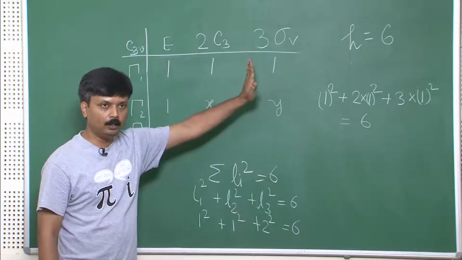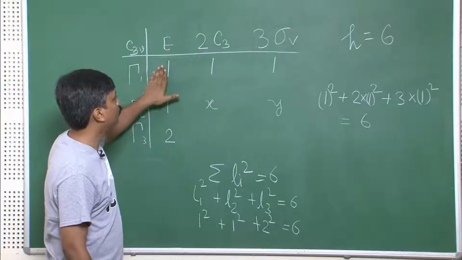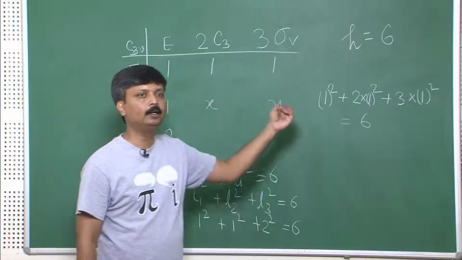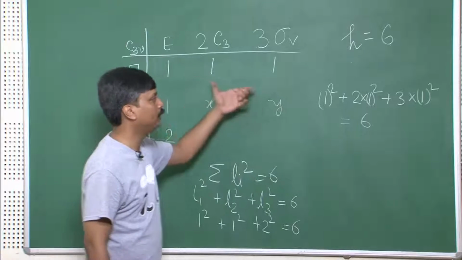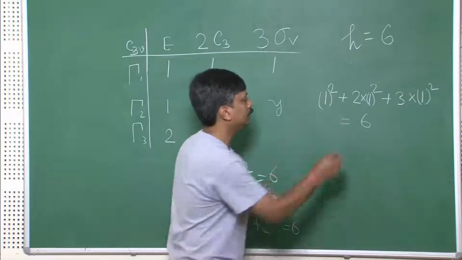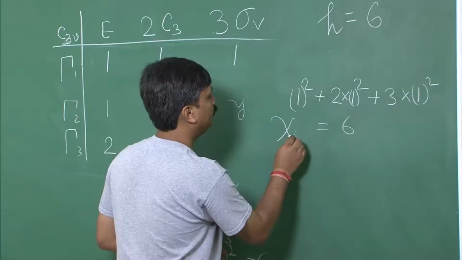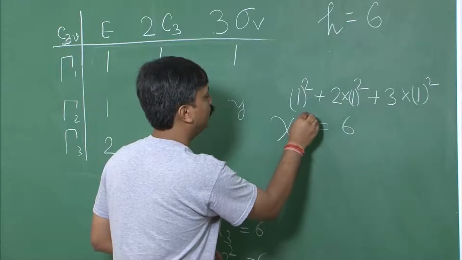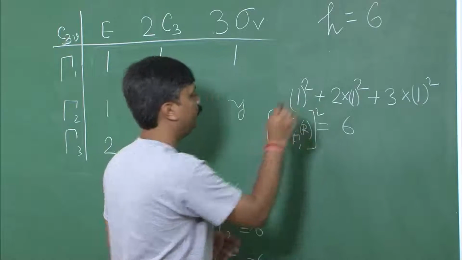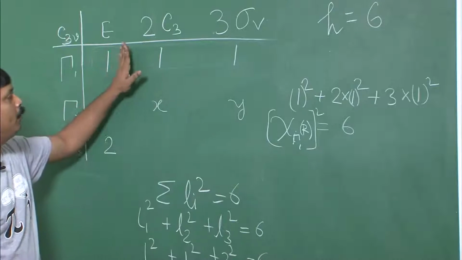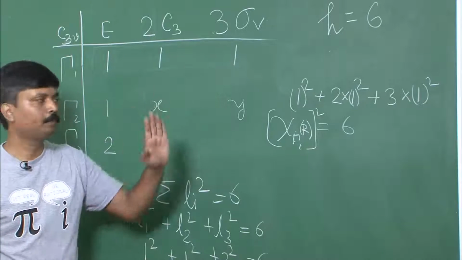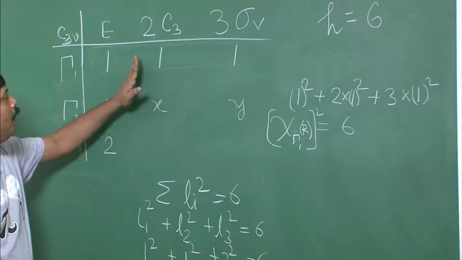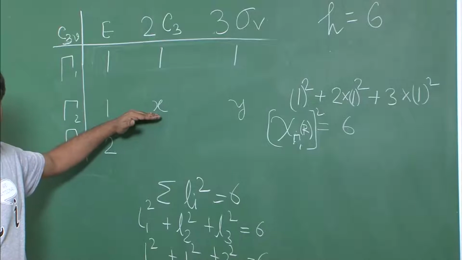So, therefore, I can very easily find the values of x and y, because there are a total of 6 elements in this group, correct. So, the total sum of the squares of these characters here is also 6. That is what I showed here. This is nothing but the sum of chi gamma i of all the R square, right. So, I have 1 plus 1 plus 1 plus 1 plus 1. Now, here, to satisfy the orthogonality, I have to have 3 plus 1s and 3 minus 1s.